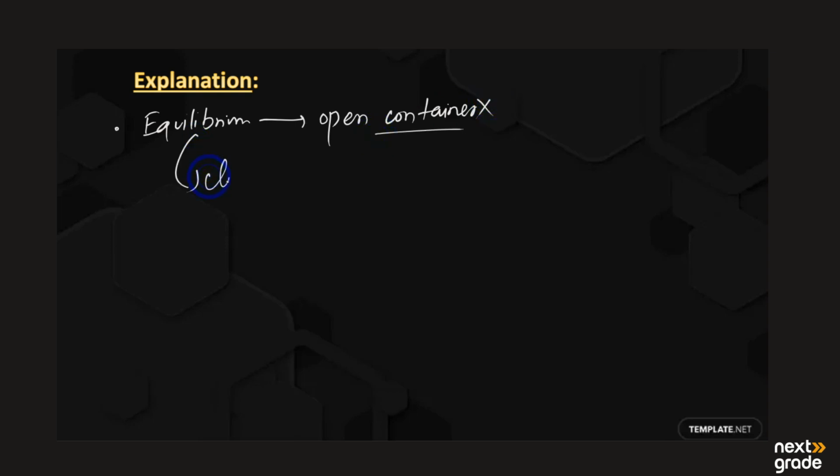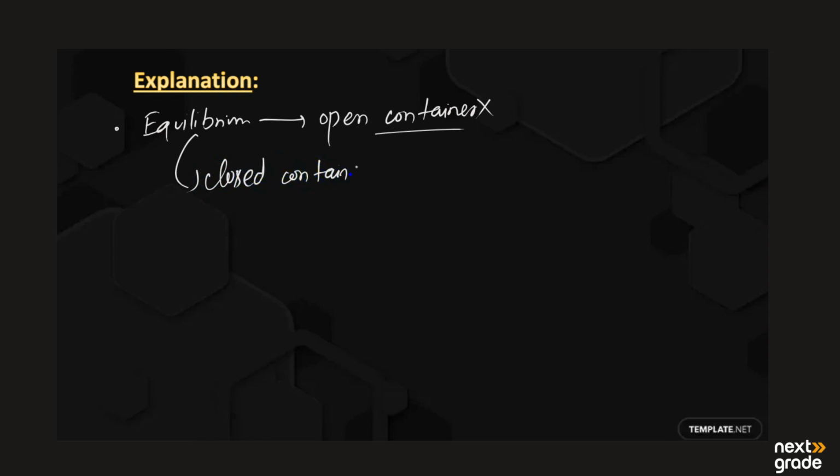And on the other hand, chemical equilibrium cannot be gained in an open system. If we have an open container or an open system, then chemical equilibrium cannot be gained. So for the equilibrium, we need a closed container.